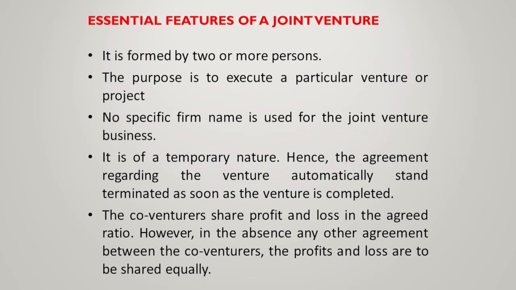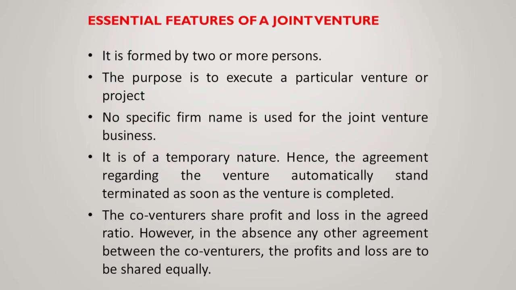Once the road project is over, the agreement between the 2 co-venturers is terminated. A fresh agreement for construction of building. So in the road, they share the profits 50-50, but in construction of building, they may share profit 75-25.